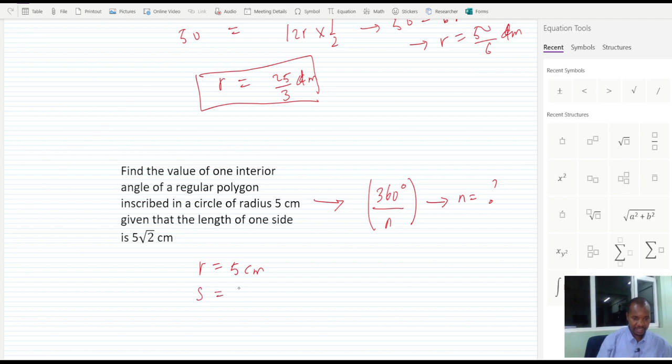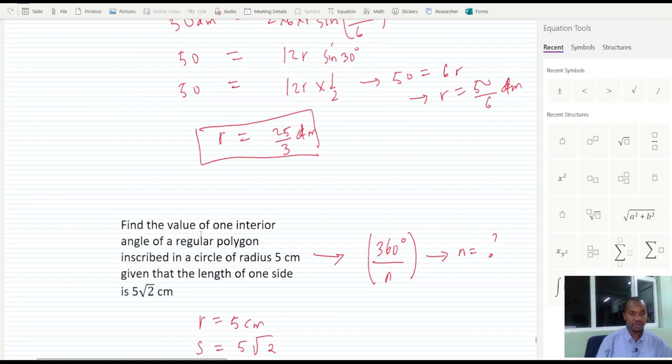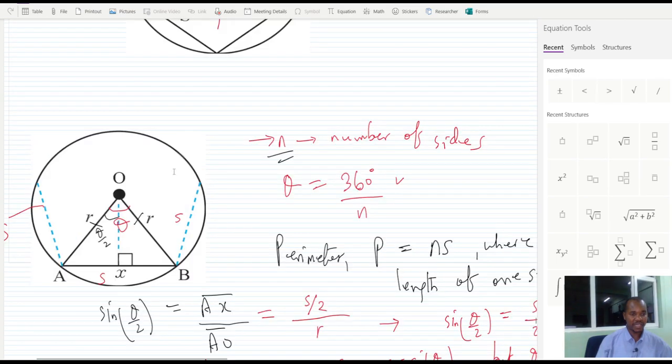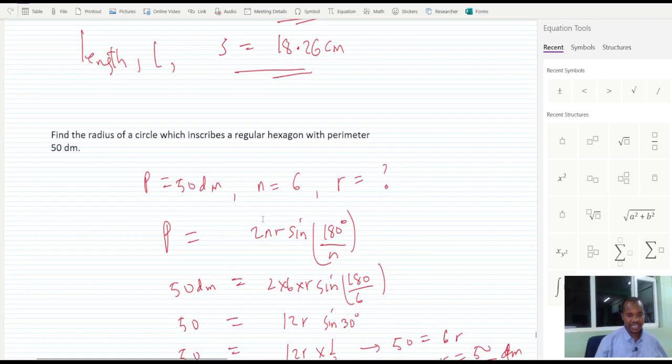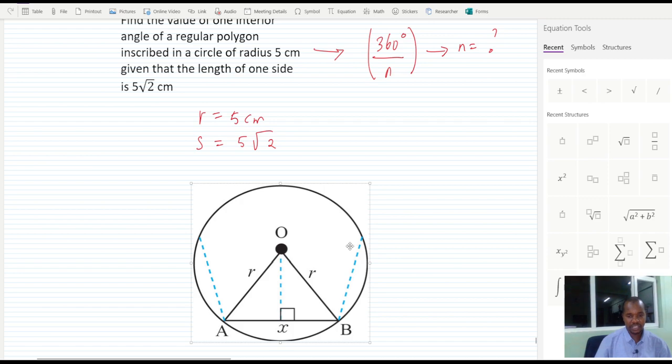Length S is 5 root 2. First of all, we can have an extension of any regular polygon, and I prefer to take this picture here. I will bring it here so that you can find the connection of what we are discussing. We are looking for this angle theta here.